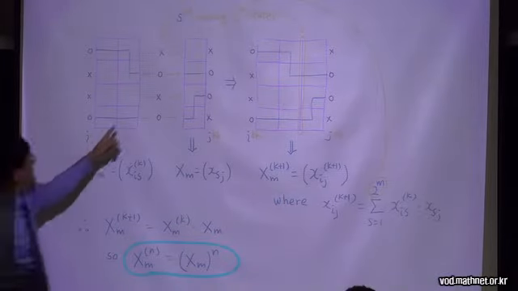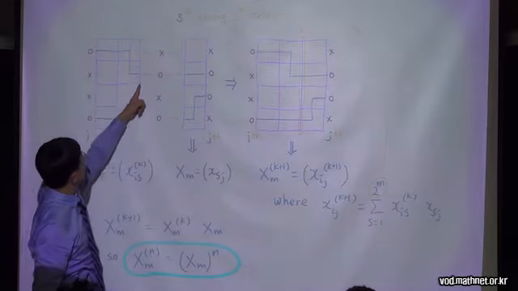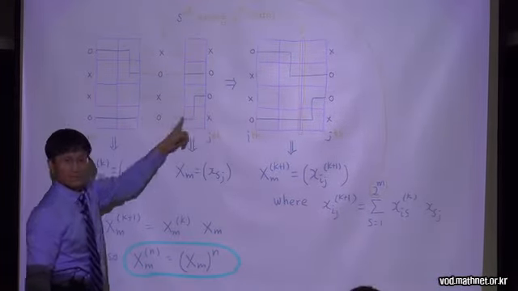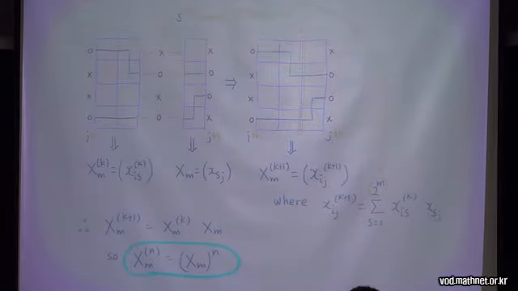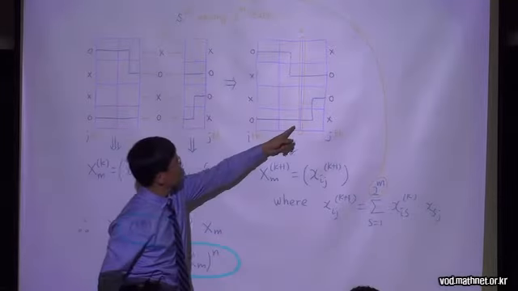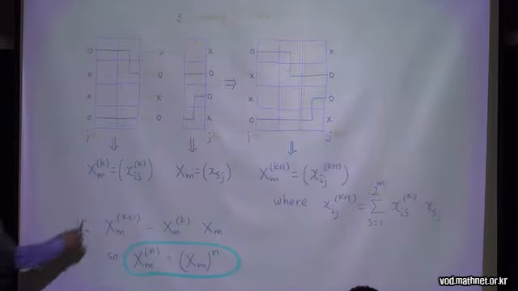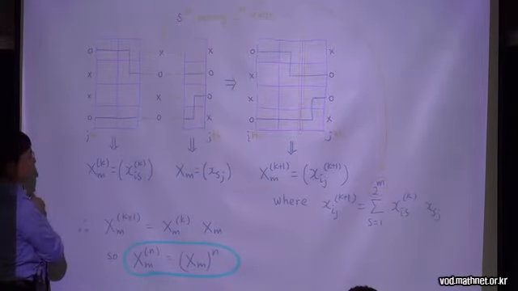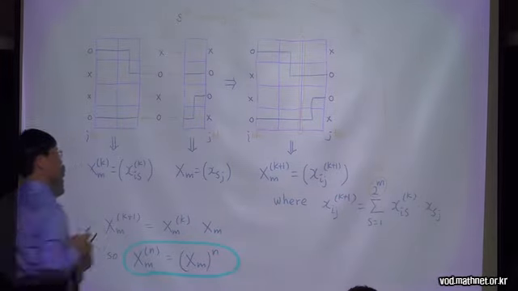So the R states, the right states of this matrix, and the left states of this matrix must be the same, right? Then we can add up like that. So that's the state matrix for this one, and that's the state matrix for this one.